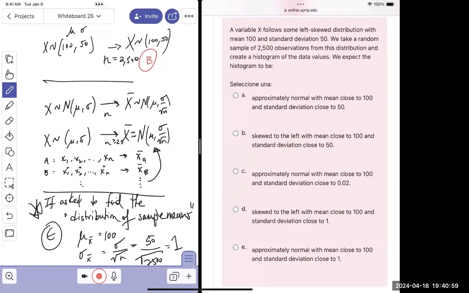But that's not what they asked you for. So the distribution of, it would be approximately normal.